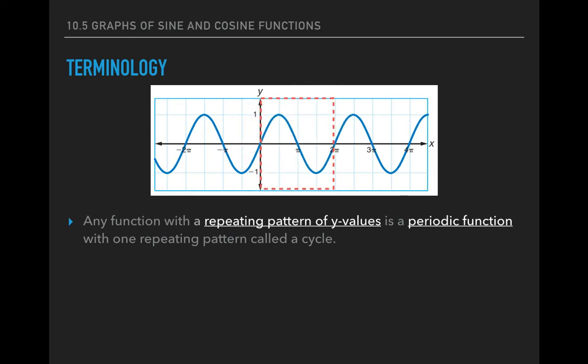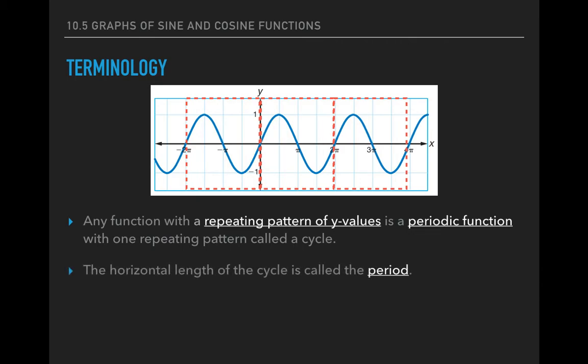Right here between 0 and 2 pi is one cycle. After that, between 2 pi and 4 pi is another cycle. It goes up, descends, and then goes back up to 0. And on the other side of the y-axis, there is another complete cycle where you start at 0, go up to 1, go down to 0, down to -1, and then back up to 0.